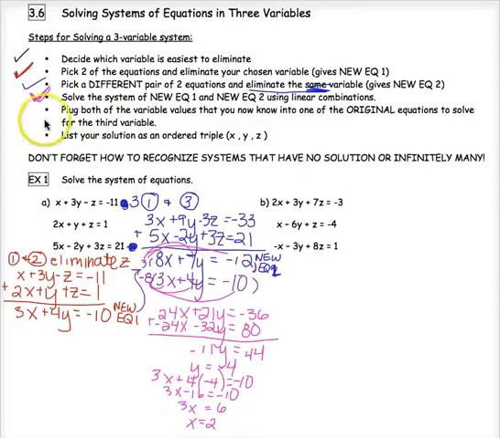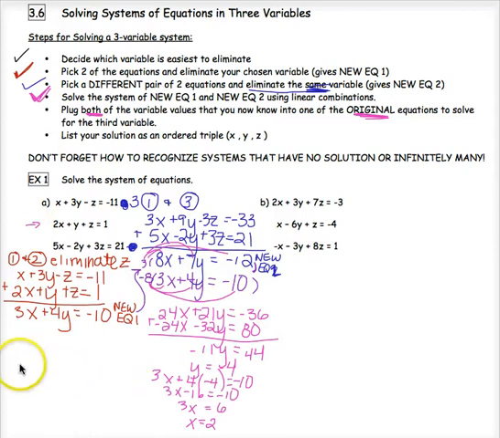Now we're back to something that is Algebra 2, because now that I've solved that 2 by 2 system, I need to plug both of those variable values into one of the original equations. That'll allow me to solve for my third variable. Again, it doesn't matter which of the originals you pick. I'm going to pick the second one because it has the smallest numbers.